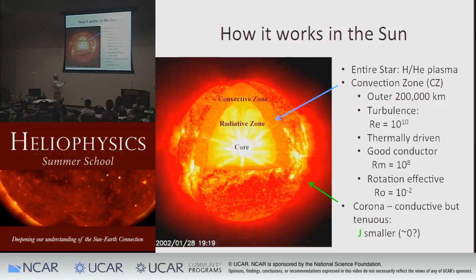And that's also referred to as the tachocline. It also involves a change in its rotation. It's more rigid rotation down here. So the sun has a magnetic field.